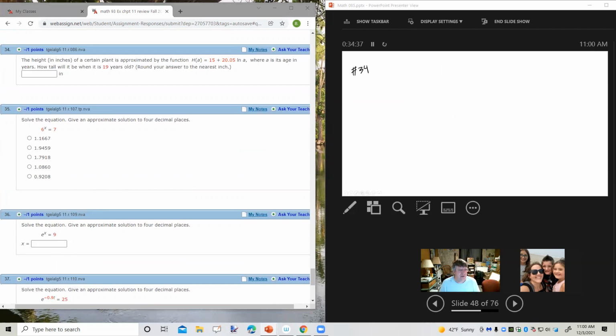The height of a certain plant is approximated by the function h of a equals 15 plus 20.05 natural log of a, where a is the age in years. How tall will it be when it is 19 years old?